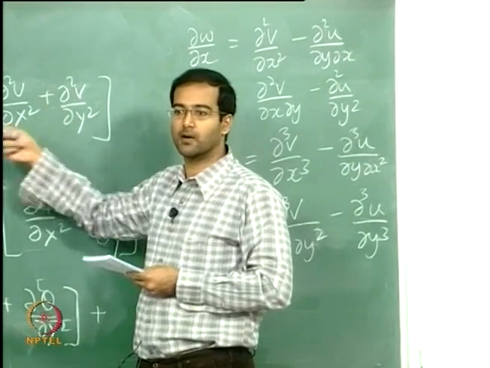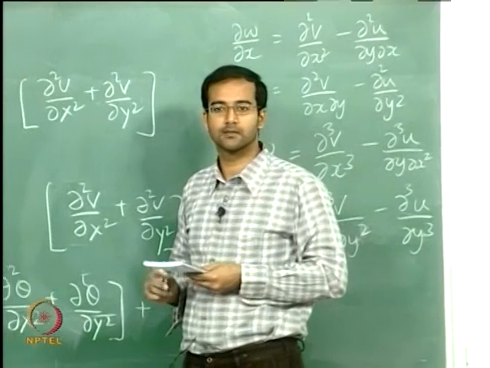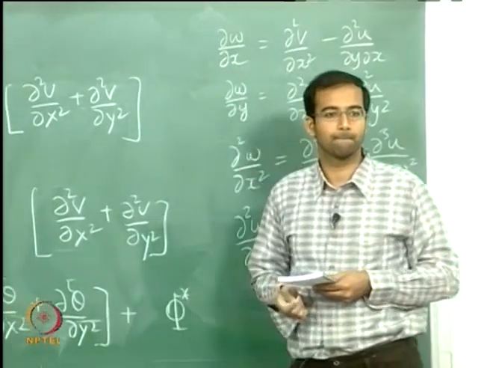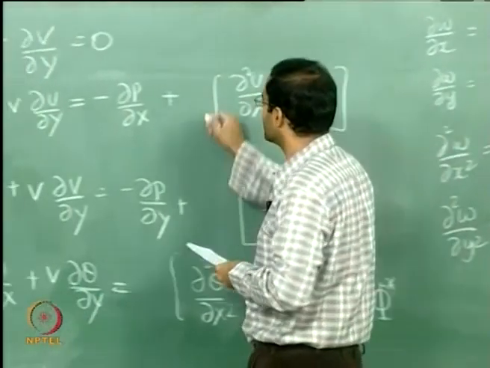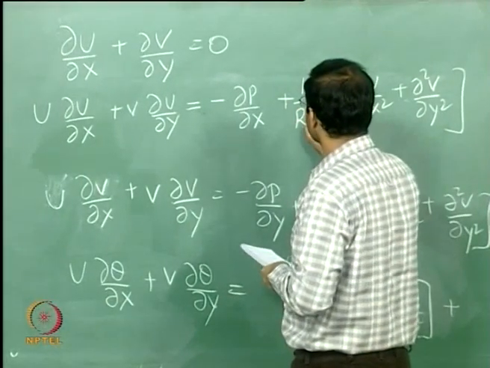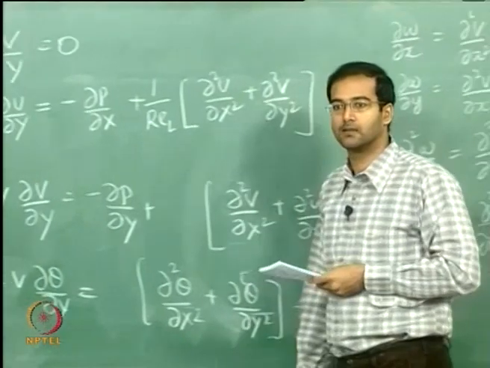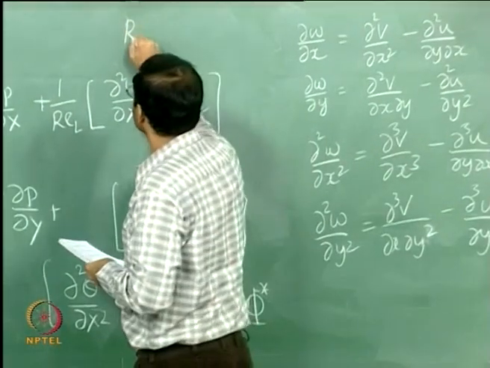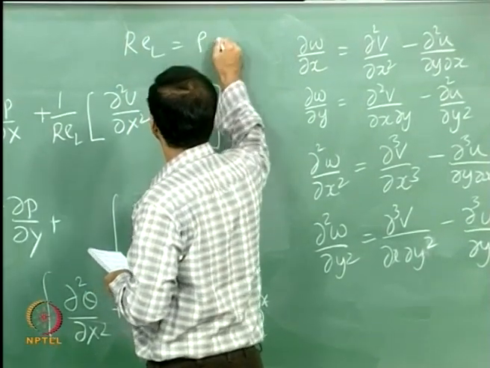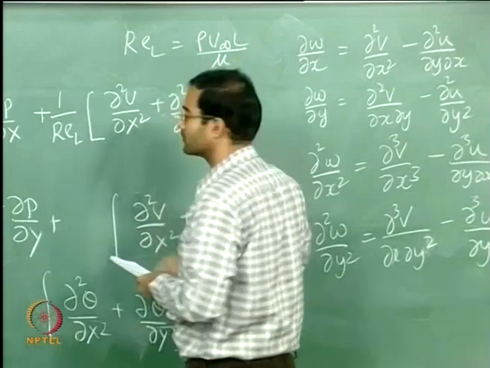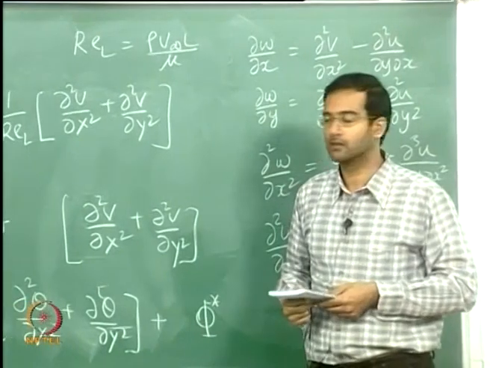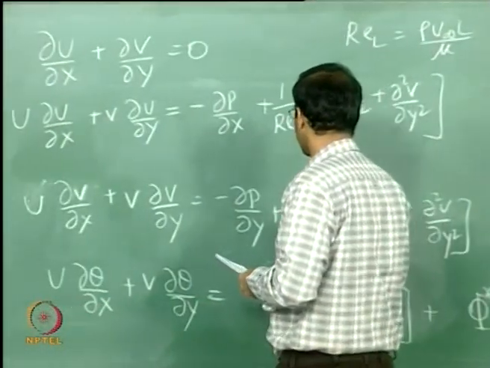This term is more important than the convective term, is that correct? It should be 1 by Reynolds number, right? 1 by Re based on the length, where Re L is nothing but rho u infinity L by nu, correct? Similarly the same thing comes here, 1 by Re L.